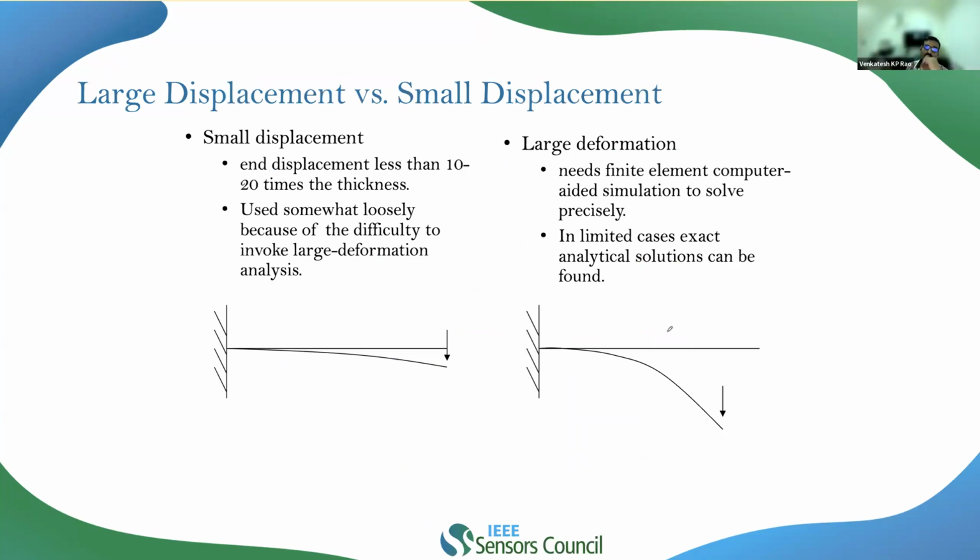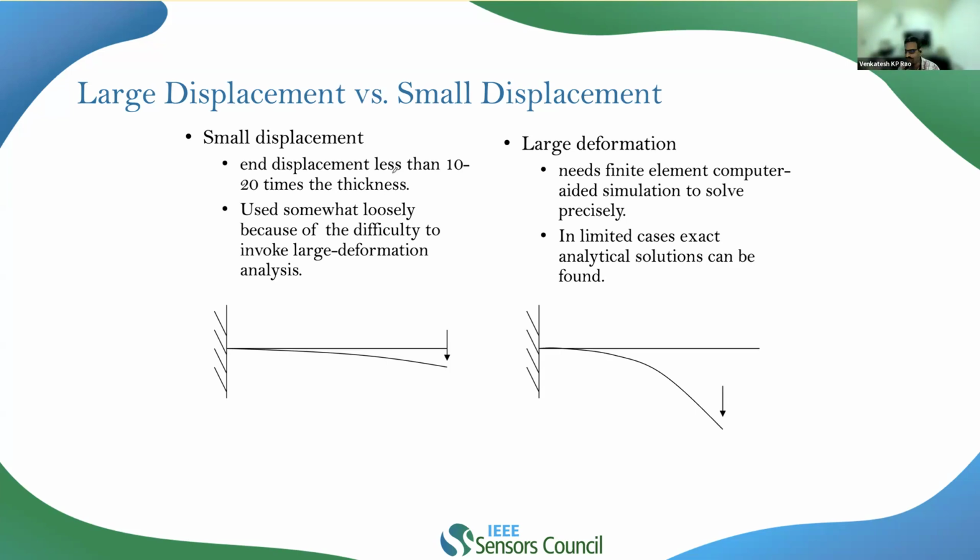Whenever you have taken any of the micro scale structures under consideration, usually we do get small deformations. Typically, whenever the end deformation is less than 10 to 20 times the thickness, indeed, it's called a small deformation.